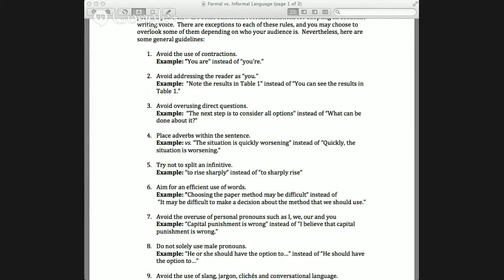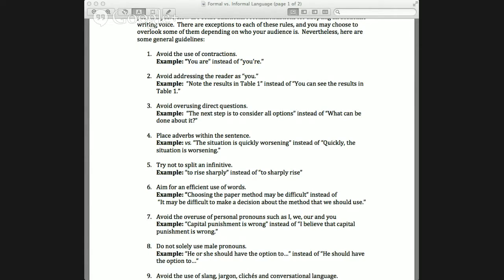Third here, avoid overusing direct questions. So this is kind of similar. Instead of saying, "What can be done about it?" you could rephrase that as "The next step is to consider all options."